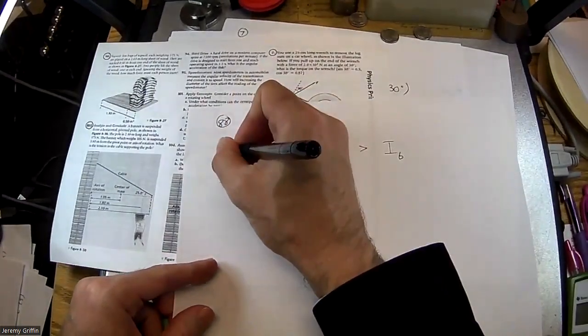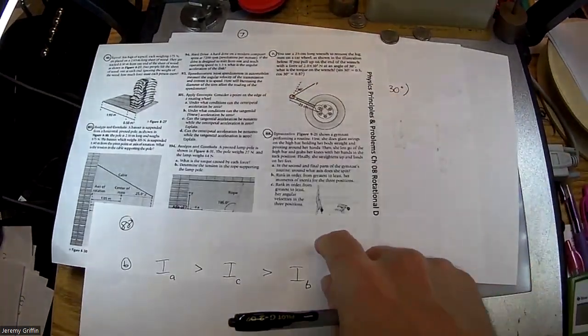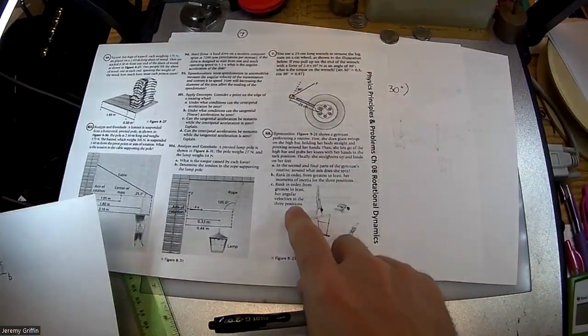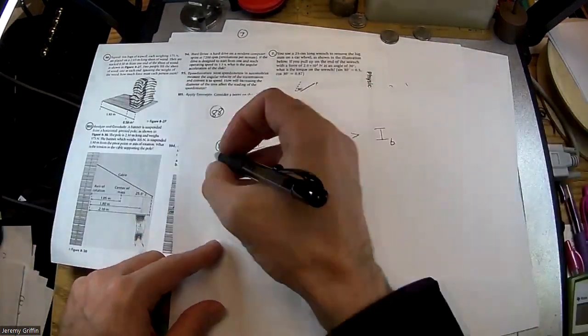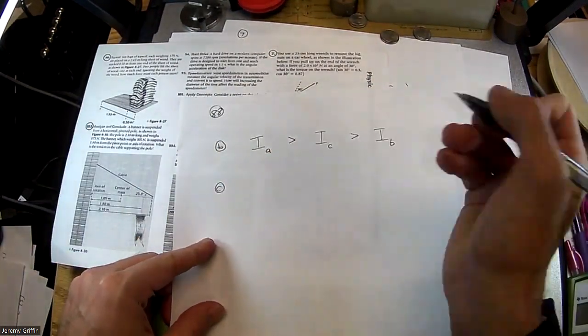That was question B. Question C: rank in order from greatest to least the angular velocities for the 3 positions. Great, so angular velocity.